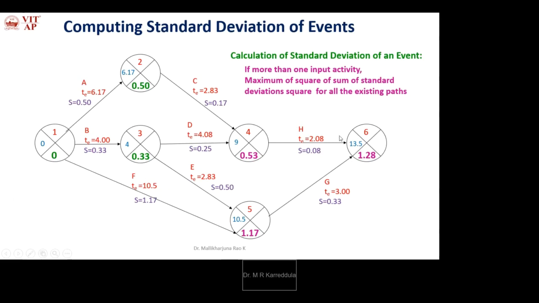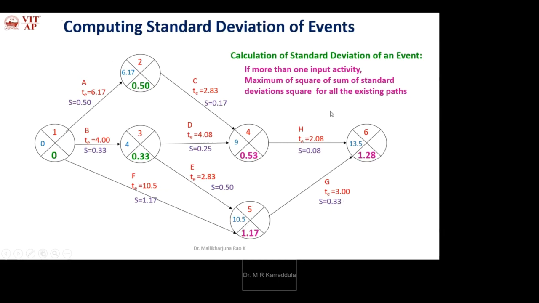That is 1.28. So how do we calculate this? Max of square root of 0.5 square plus 0.17 square plus 0.08 square, comma, square root of 0.33 square plus 0.25 square plus 0.08 square, comma, square root of 0.33 square plus 0.5 square plus 0.33 square, comma, square root of 1.17 square plus 0.33 square.